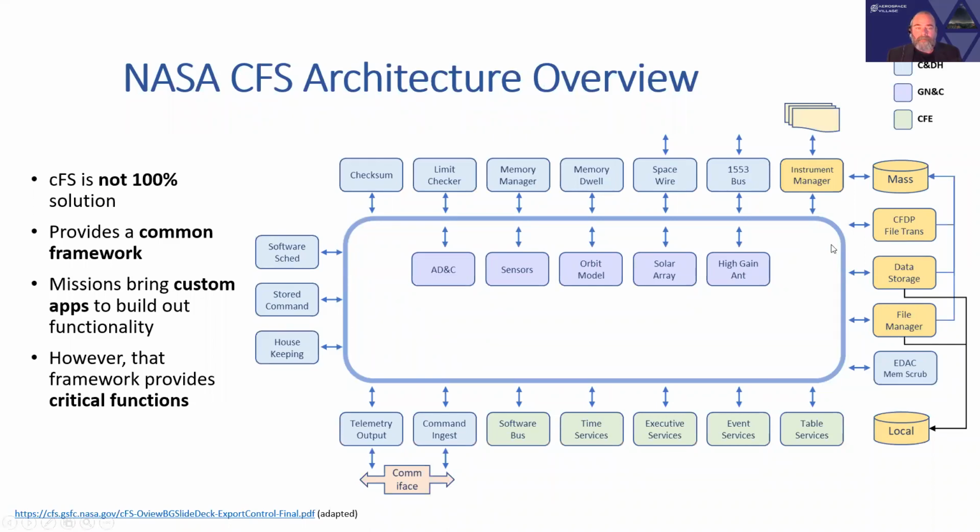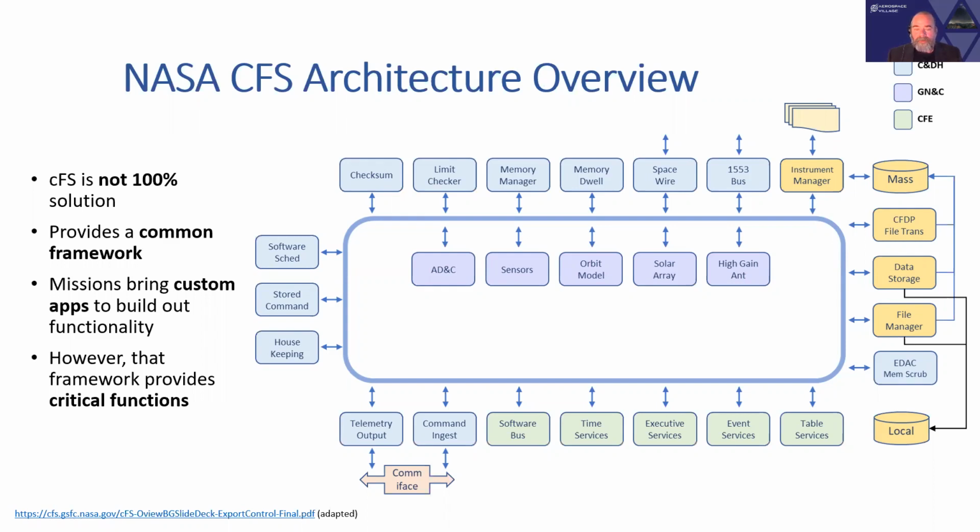If you focus on the blue ring, that's the software bus over which these modules communicate with each other. If you focus on the lower right-hand corner, you can see the software bus, time services, executive services, event services, and table service modules. Those are the core of the Core Flight System software.